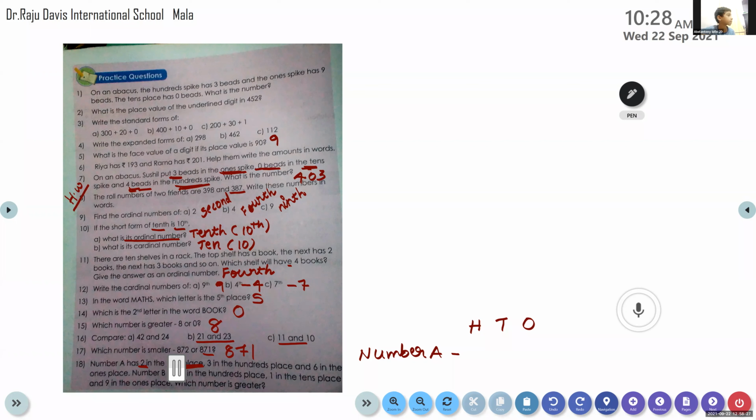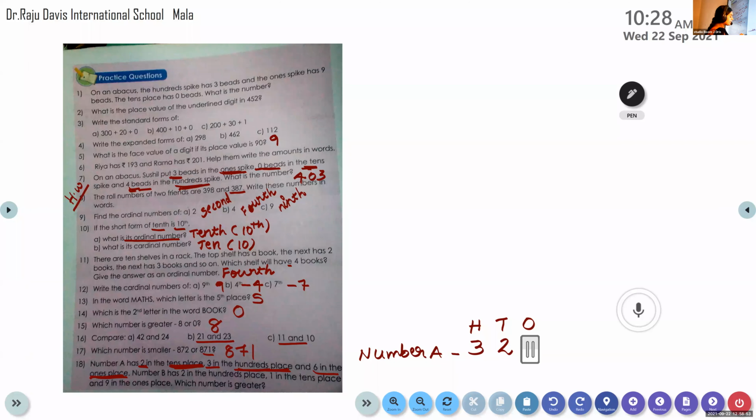So 2 in the tens place. Now 3 in the hundreds place. So in hundreds place we have to write 3. And 6 in the ones place. So in the ones place we can write 6.